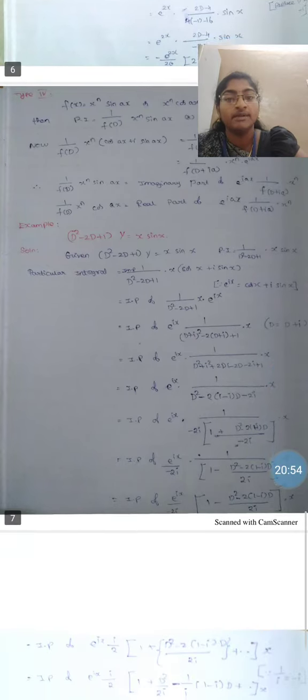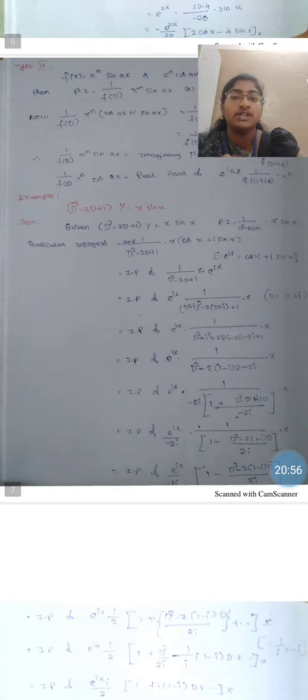See the example: (d square minus 2d plus 1) y equals x sin x. Take the equation as it is. Your particular integral will become 1 divided by (d square minus 2d plus 1) times x sin x. Here our question is in sin x, which is the imaginary part. So the particular integral will become the imaginary part of 1 divided by (d square minus 2d plus 1) times x (cos x plus i sin x).